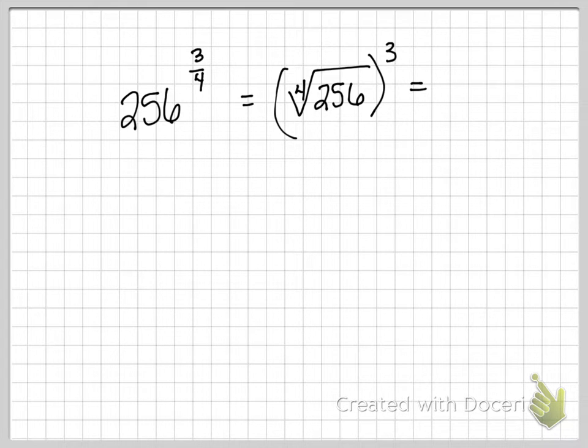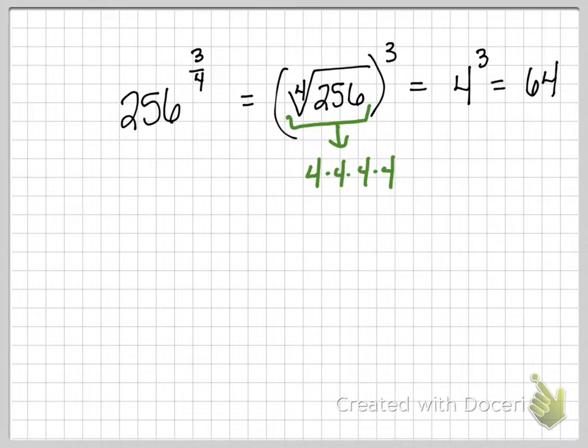Sometimes you have to guess and check with these 4th roots. It's 4. The 4th root of 256 is 4, because 4 times itself, 4 times, gives us 256. Then we take that to the exponent of 3. 4 cubed is 64.